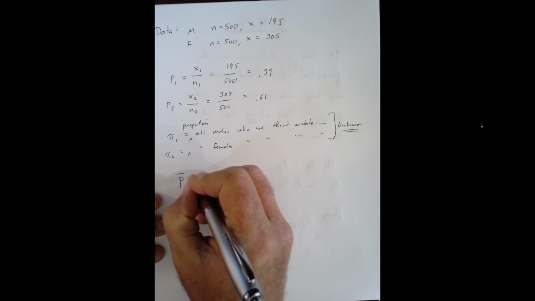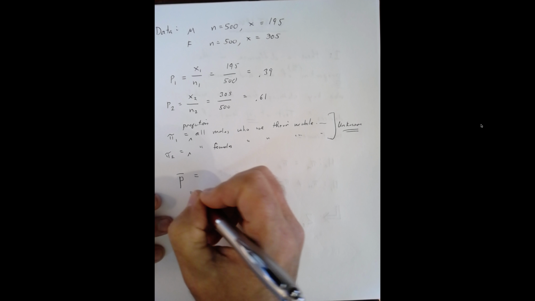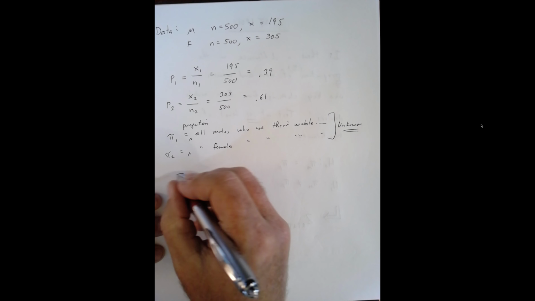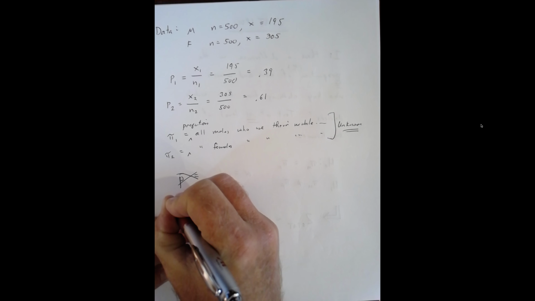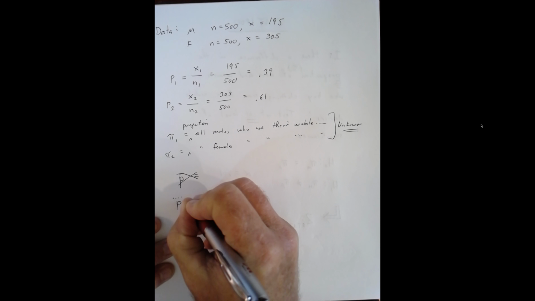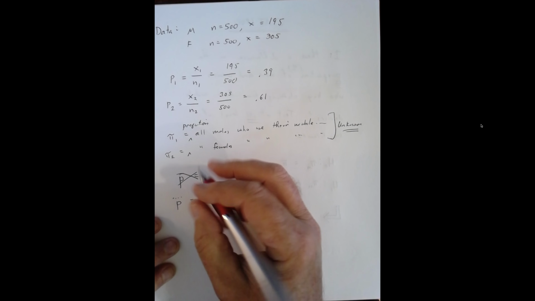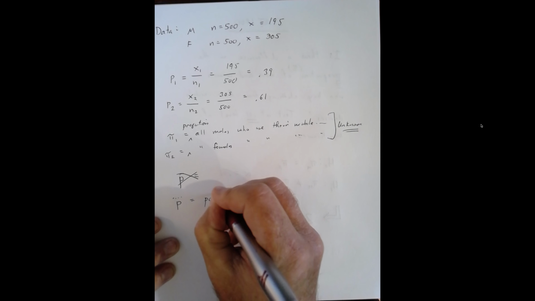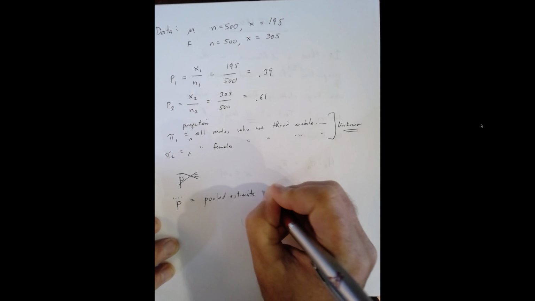All right. Next, we're going to need a pooled estimate. I don't really even know what it's called. It's typically a line over, but I'm not sure it's a line. Anyway, this is the pooled estimate of the population proportion, and it's very easy to find.